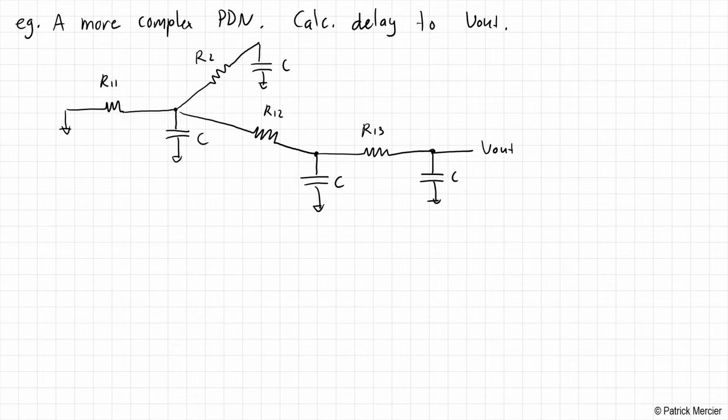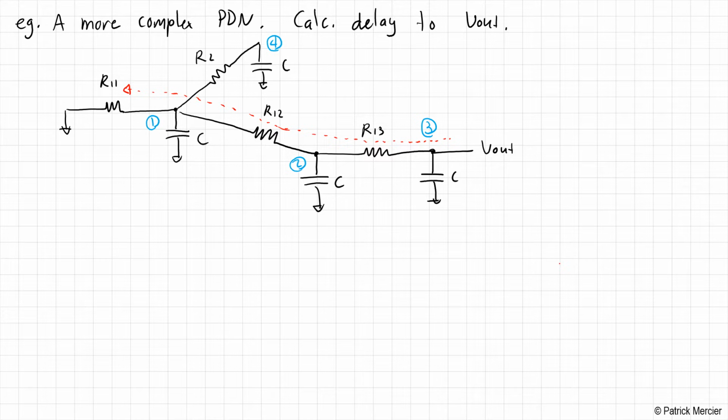Each of these nodes here, I'm going to label this node 1. This will be labeled node 2, node 3, and label this node 4. So we are trying to discharge Vout. It has some path of current that's going to follow this way.